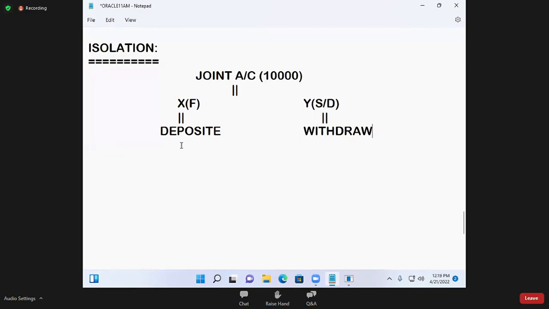The father is going to deposit 10,000 rupees, and the son or daughter is taking 5,000. Both are doing two different transactions at the same time. Is it possible? It is possible.